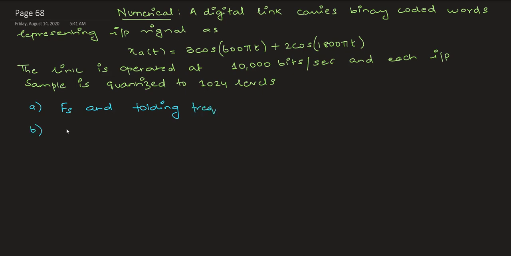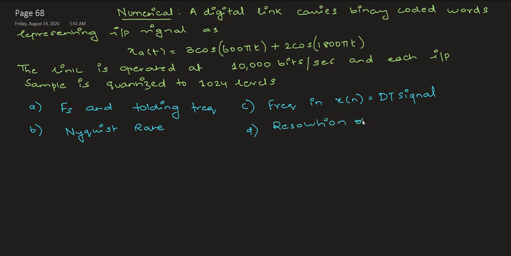But for everything else, wherever you see divided by second, that becomes your rate. So here 10,000 bits per second is your bit rate, and each input is quantized to 1024 levels, which means your quantization has 1024 levels.